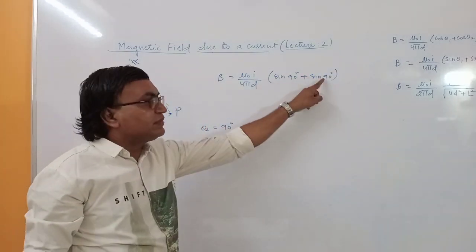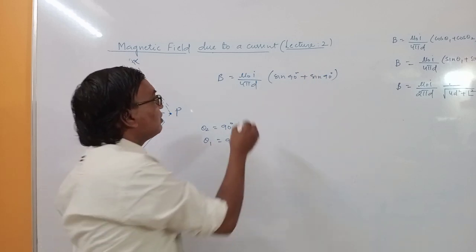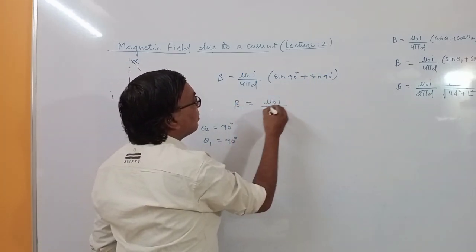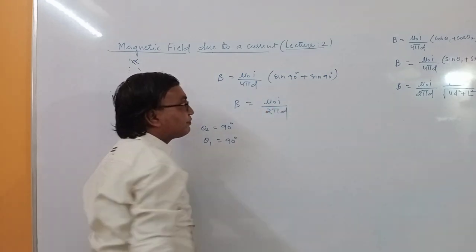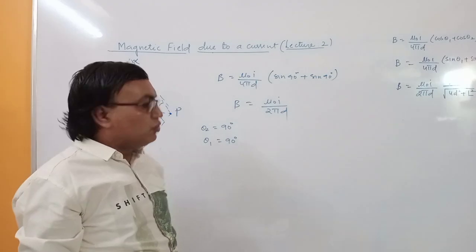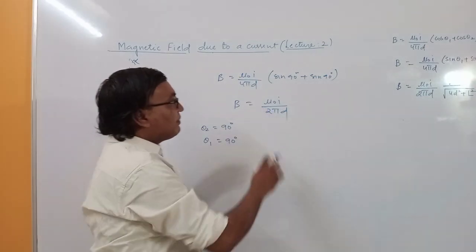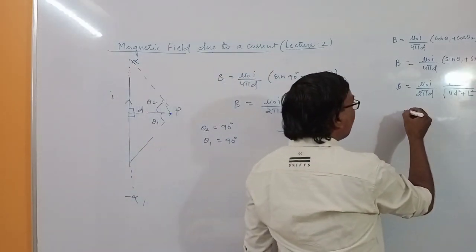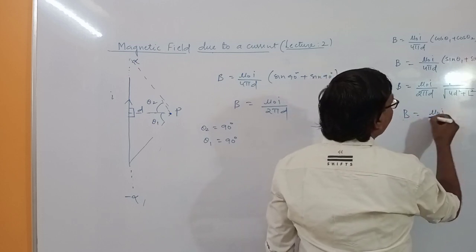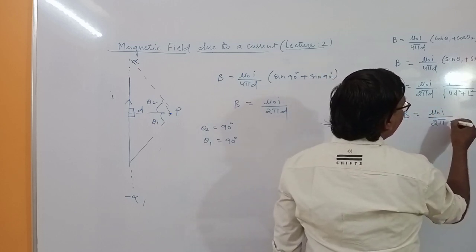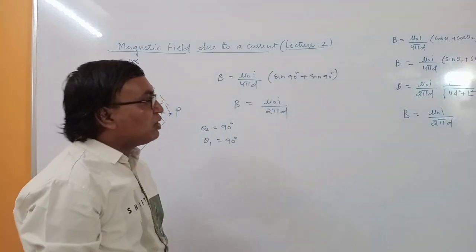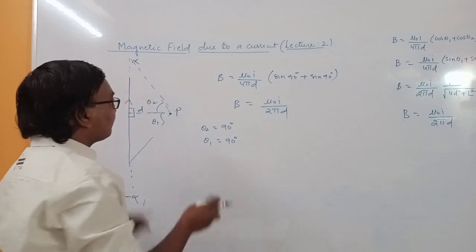So 1 plus 1, 2. So we will have B is equal to mu naught I by 2 pi d. 2 cancels with 4 two times. So mu naught I by 2 pi d. So infinitely long wire, you remember this. इसको याद रखना है. So infinitely long wire, mu naught I by 2 pi d.